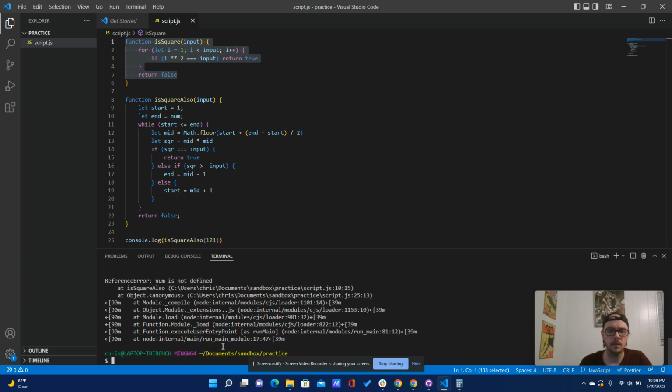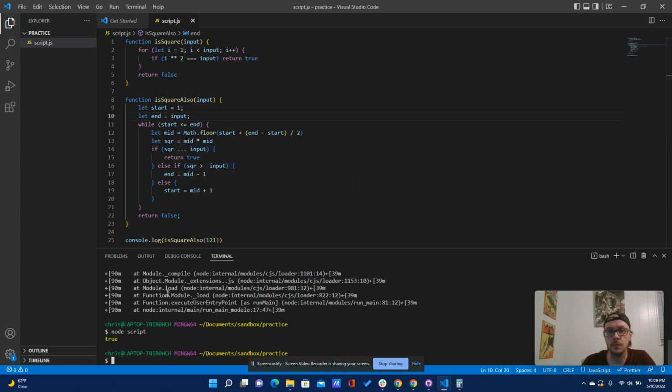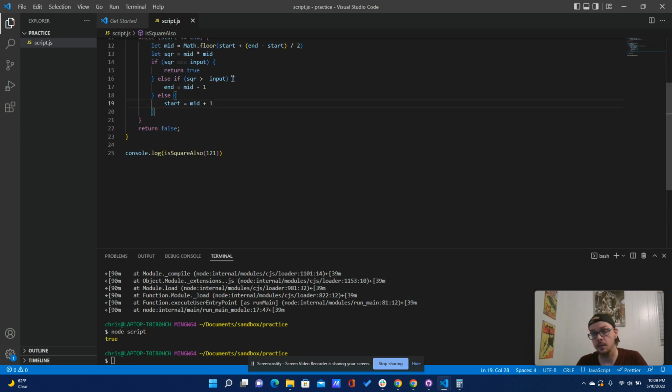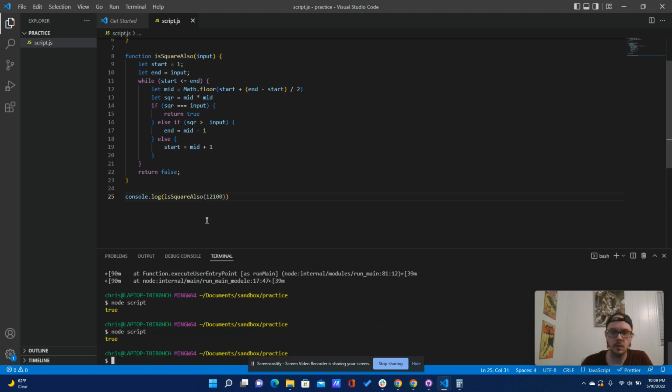And if you tried to compute the time with something like Benchmark JS, you would find that this one's going to run modestly faster when you're doing 121, and when you're doing a larger number, you're going to see bigger gains.